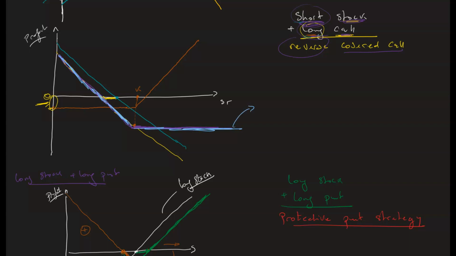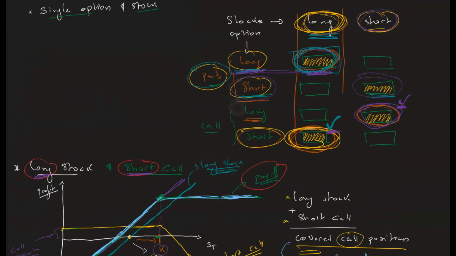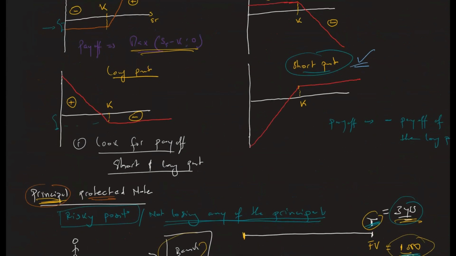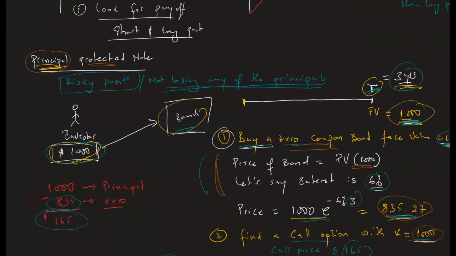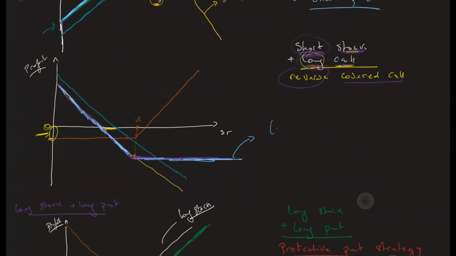And so this has the same payoff as, let's go all the way back up, our long put. This is going to be our long put. So our reverse covered call is essentially a long put strategy.